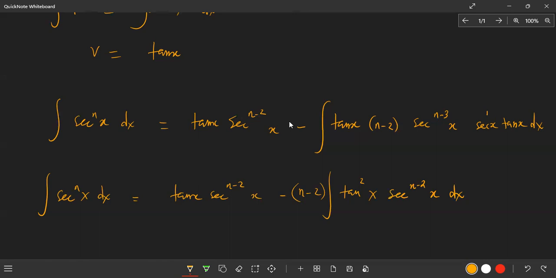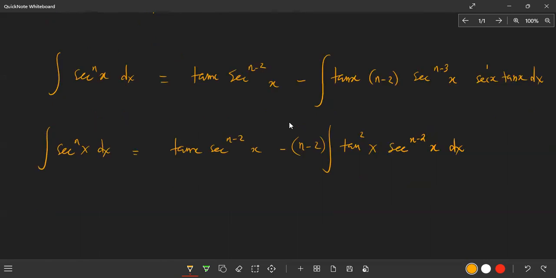Are you following? Yes. Okay, so we have one more job here. The introduction of this tan makes everything miserable, because if we didn't have it, we would have stopped here. But this tan has to go. We have to get rid of this tan squared x. So how do we get rid of this? We need to make use of the identity.